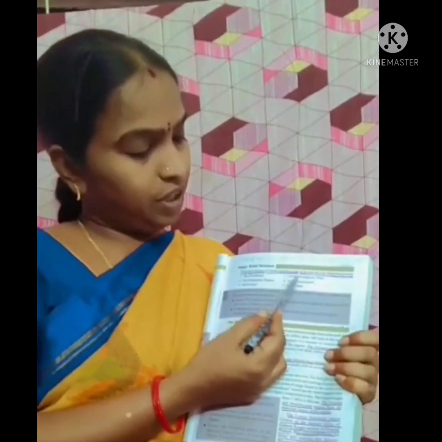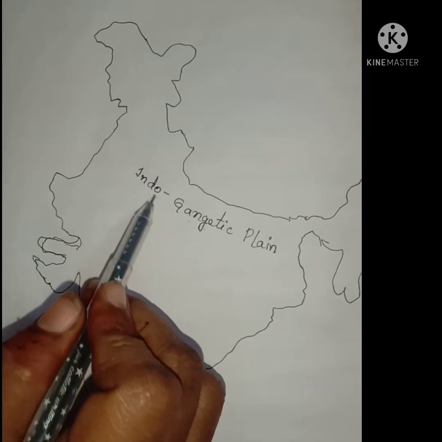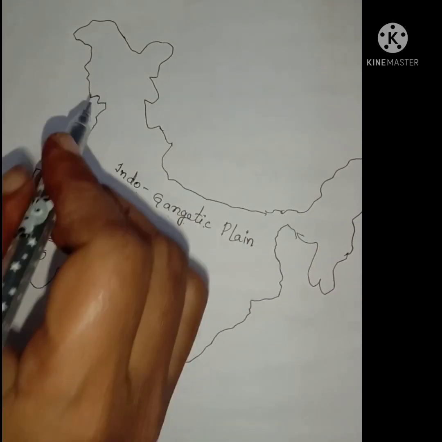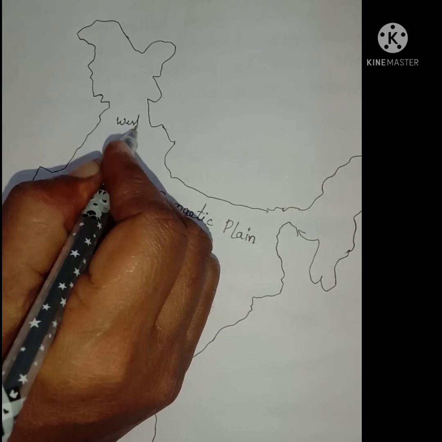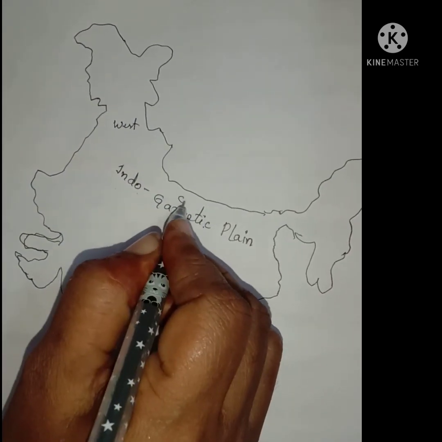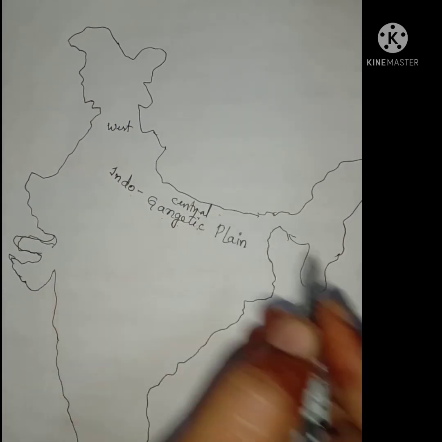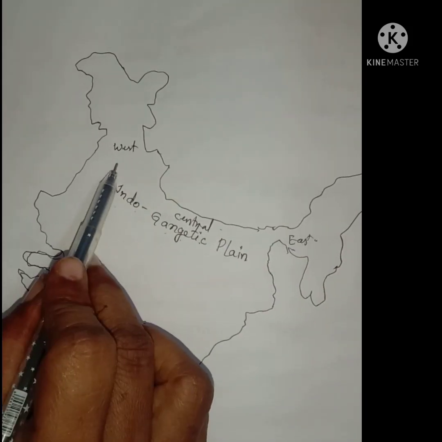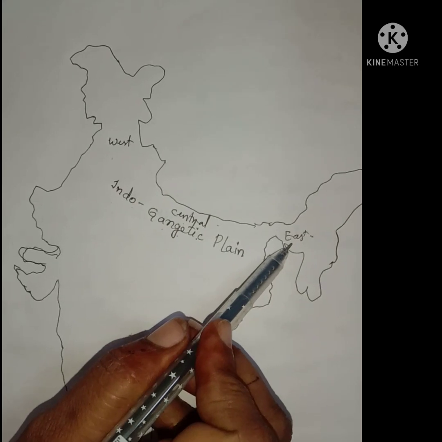Next, the Indo-Gangetic Plains. The Indo-Gangetic Plains are formed by three main rivers: Ganga, Indus and Brahmaputra. So, the Indo-Gangetic Plains broadly consist of three divisions: western part, central part and eastern part.